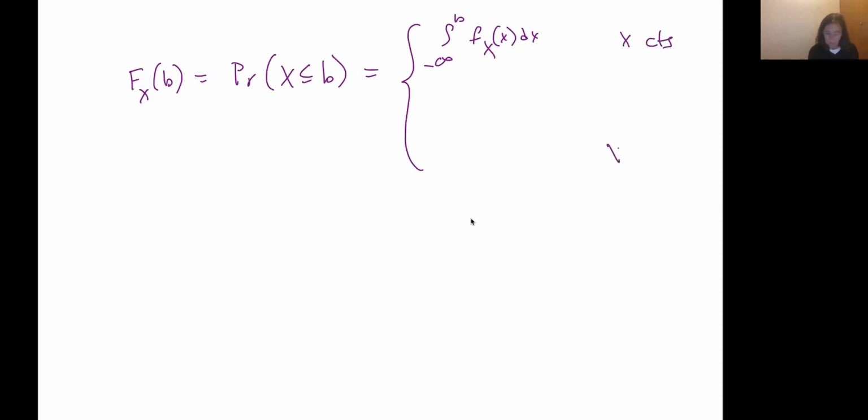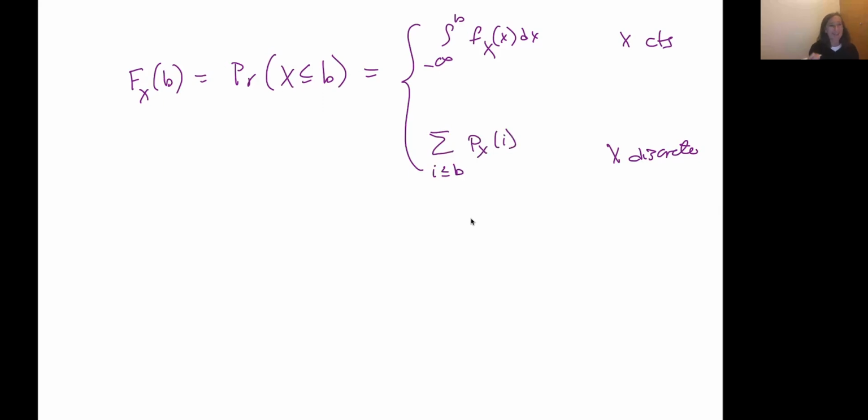But if X is discrete, instead of a continuous sum, which is kind of what an integral is, we have a discrete sum. So the CDF for a discrete random variable is the sum for i less than or equal to B of the probability of those i's.